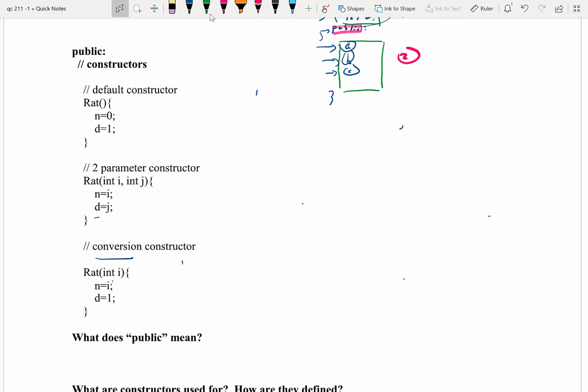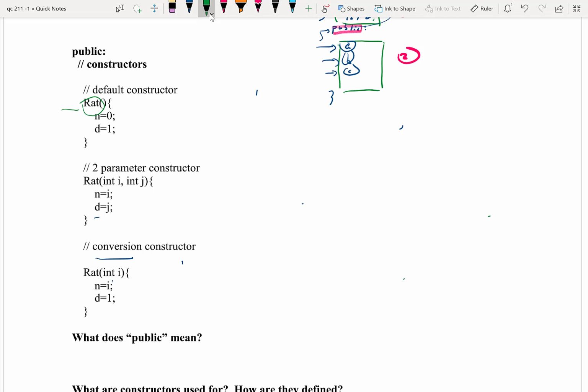Namely, all constructors have the name of the class as the name of the function, and what distinguishes one constructor from the other is the parameter list. Also, constructors have no return type, because they don't return things, not even void. What they do is initialize. They construct it so that we can then use it. Before the constructor is run, it's not really ready to be used.